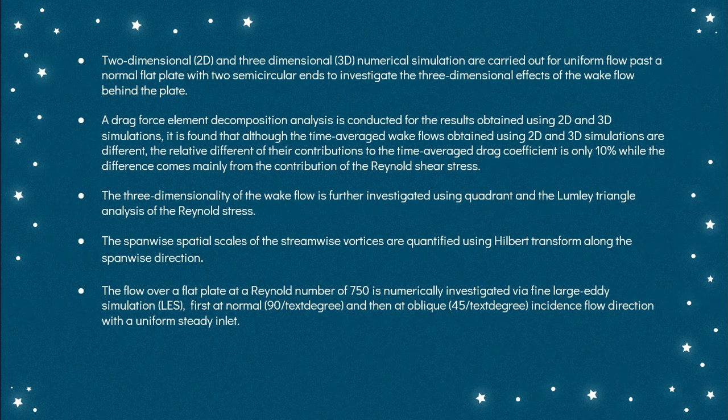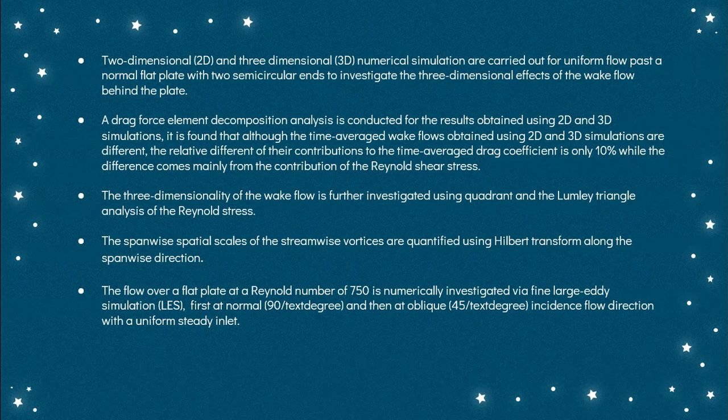Two-dimensional 2D and three-dimensional 3D numerical simulations are carried out for uniform flow past a normal flat plate with two semicolons and to investigate the three-dimensional effect of the wake flow behind the plate. A drag force element decomposition analysis is conducted.